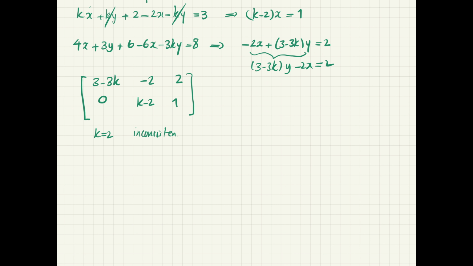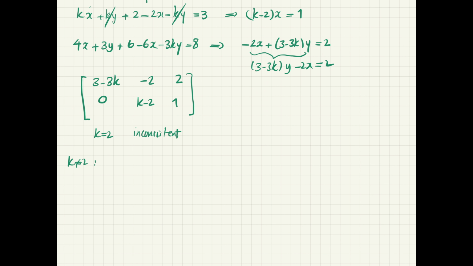Okay, now assume that k is not equal to 2. If k is not equal to 2, then it means that definitely I have one pivot here. And if this is also another pivot, then I will have two pivots and two variables in my equation. So this means that I will have a unique solution.